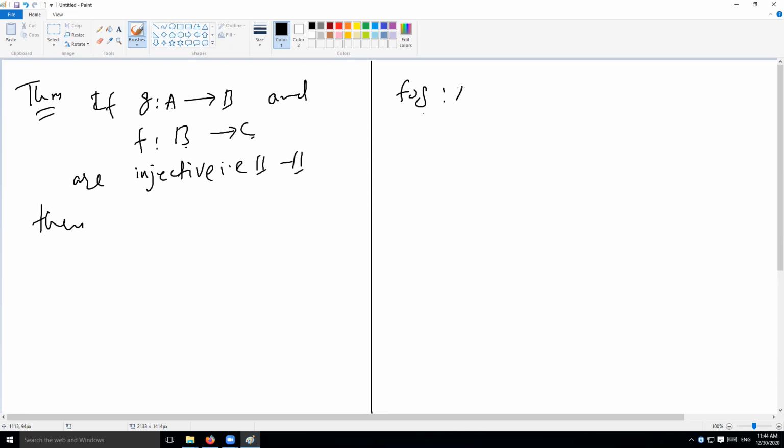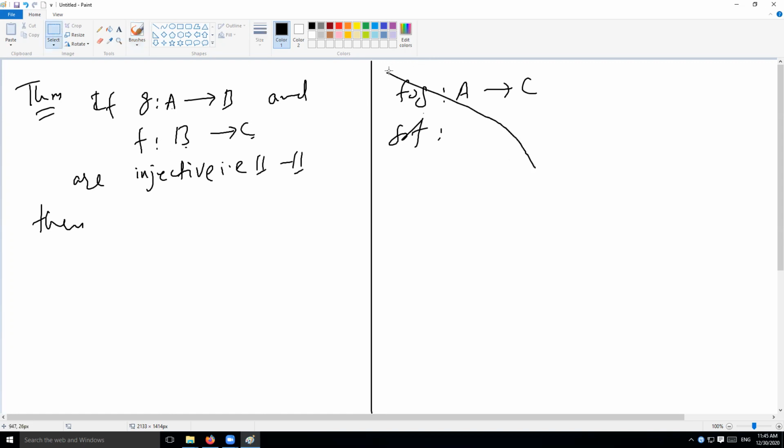So the map is going to be from A to C. How about G composition F? I'm going to say this does not make sense actually. Why? ठीक है ना, F is going to send me from B to C, but I can't operate G onto the elements of C because मुझे नहीं पता कि C is a part of the domain or not actually. ठीक है, so only F composition G makes sense.